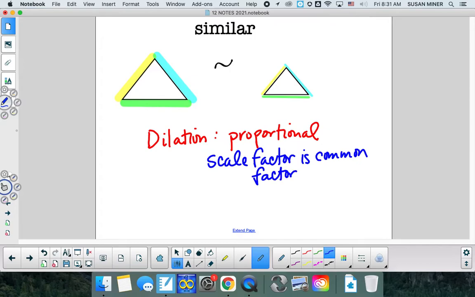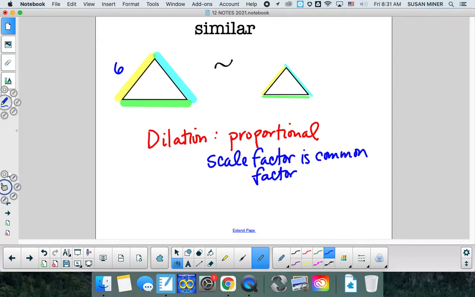And so what that means is that, let's say my original size shape was this big one over here on the left. And its side length, this yellow side, right, was 6. Well, let's say this big shape was 2 times larger than the smaller shape.